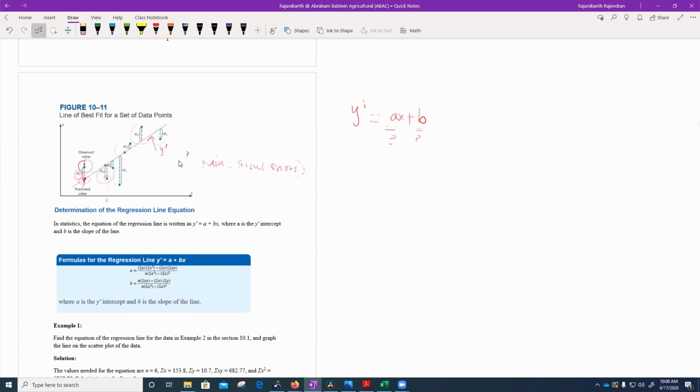Okay. So now how are we going to figure out the coefficient or the slope of the line here, A? That is given by this massive formula, right? Look at these two formulas, finding A and B. So the A is given by what?